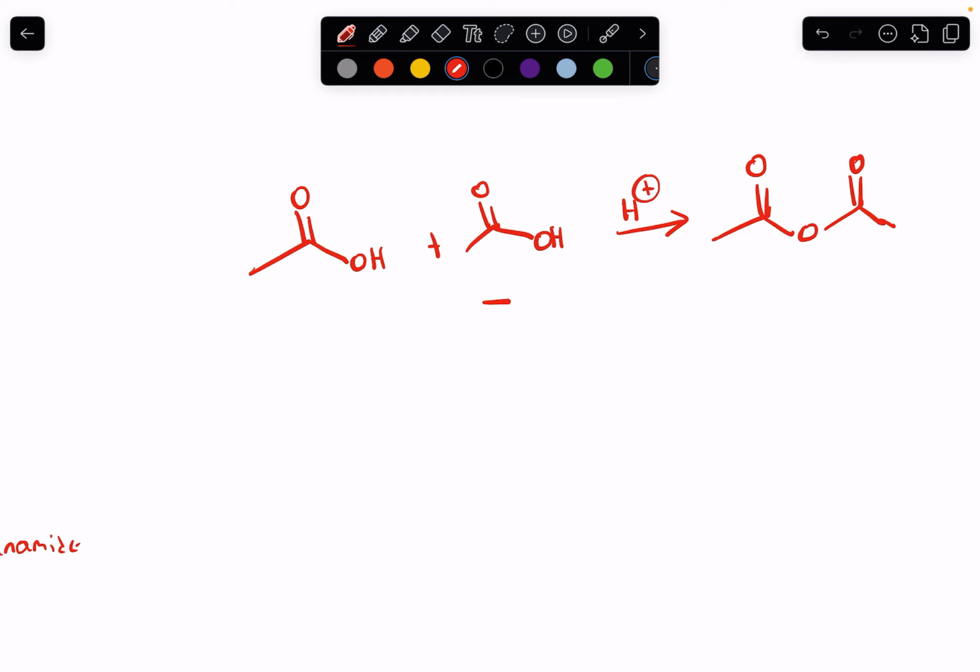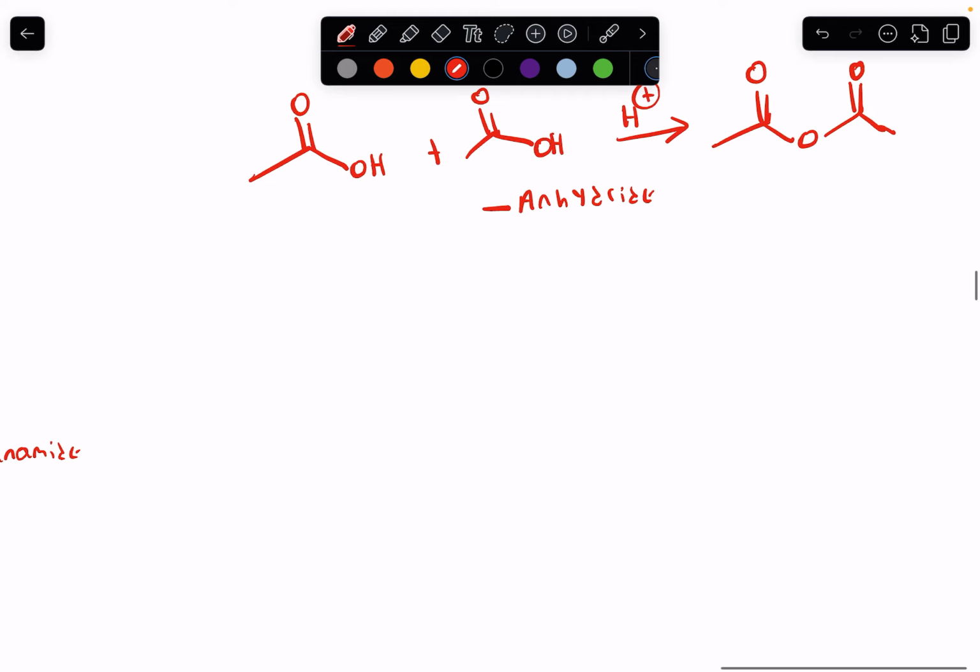But a lot like our ester, it's going to have a little different naming convention than we're used to. The way that we're going to name it is the front part and the back part are different. So what I mean by that is, let's say we had this.